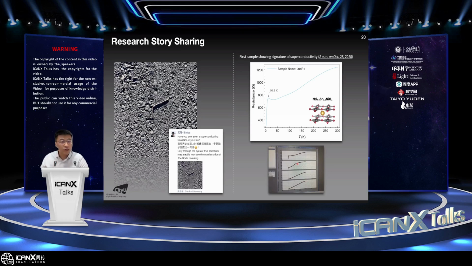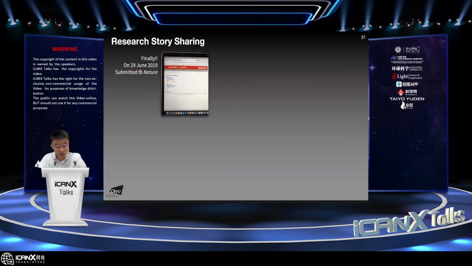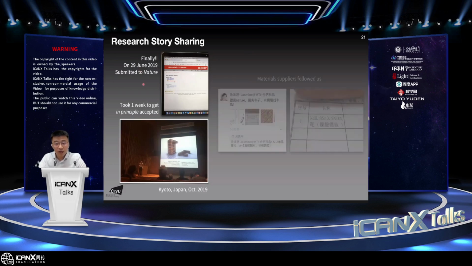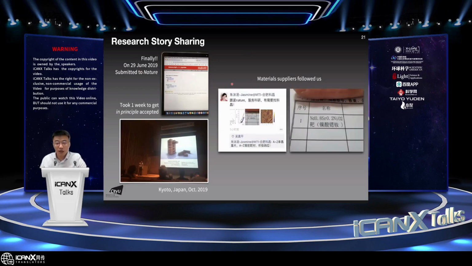So on June 29th, 2019, we submitted the paper to Nature, and it only took about a week to get accepted in principle by Nature. And it's very interesting, the materials suppliers started to follow us. They started to make targets and materials precisely following the formula that we posted in this first Nature paper. Anyway, that was some stories behind the discovery.